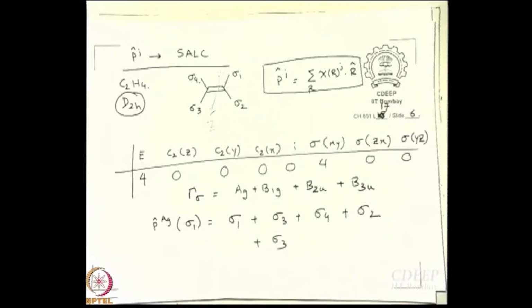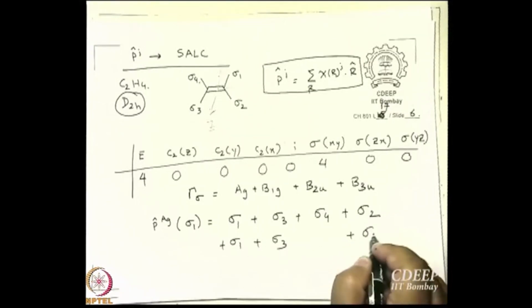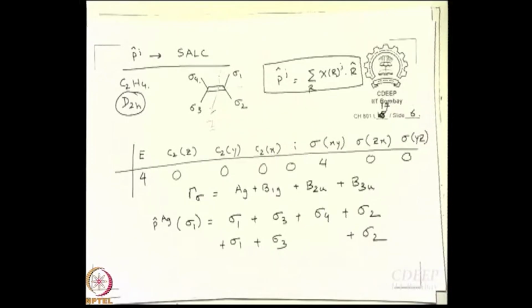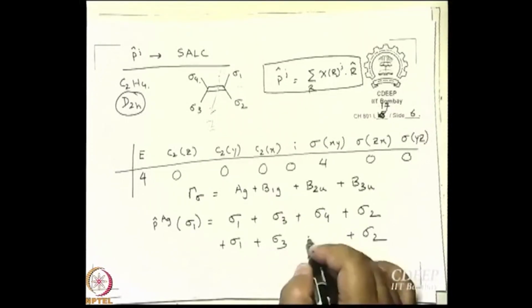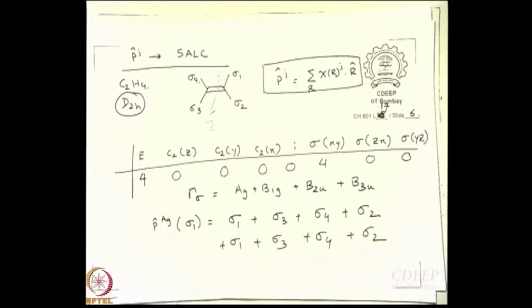What happens when sigma XY operates on it? What happens when sigma ZX operates on it? What happens when sigma YZ operates on it? What do I get? I get a 2, which is outside, but don't forget we have not even considered the 1 by h factor.